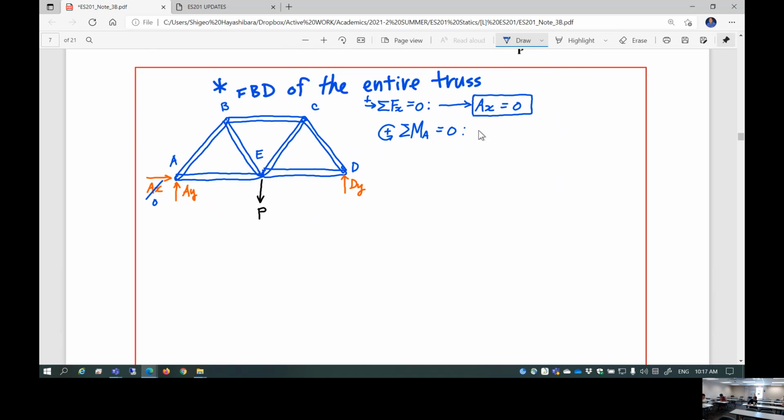So this is going to be negative P times L plus DY times 2L is equal to 0. This solves DY straight out. DY is, of course, half P.